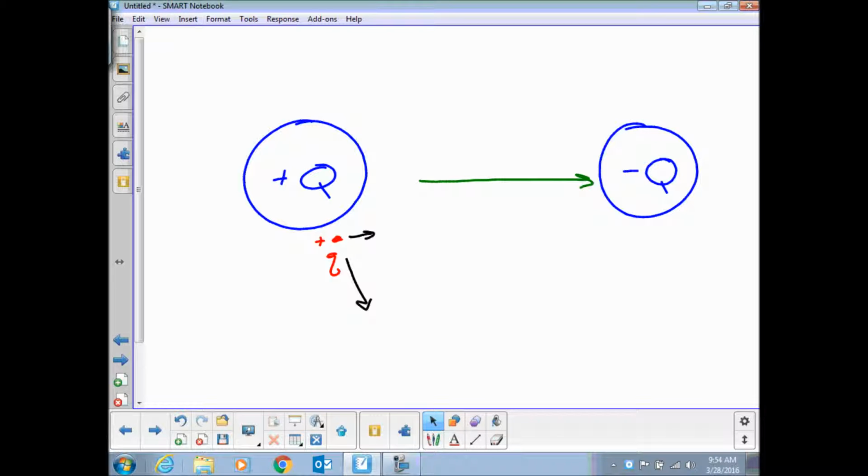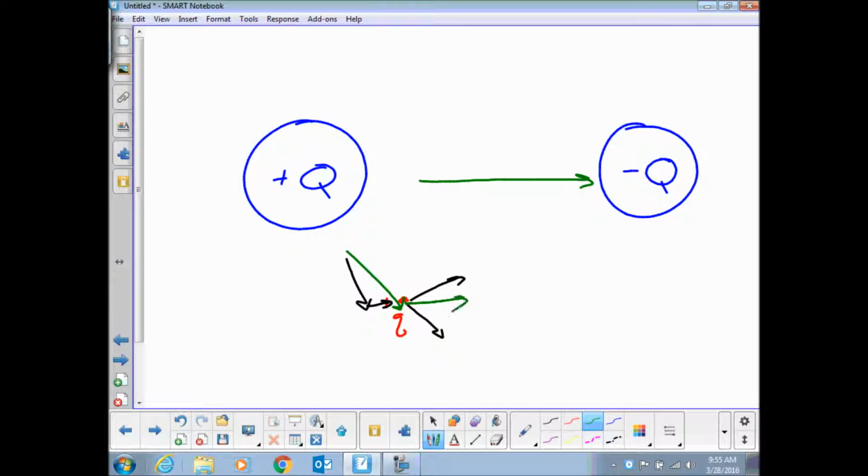The net force added on that charge is going to be someplace like that. So it's not directly away from the positive, and it's not directly towards the negative. As that test charge gets down here, it's going to feel less of a repulsion from the positive, more of an attraction to the negative, and the direction of the force is going to be more turned towards the negative.